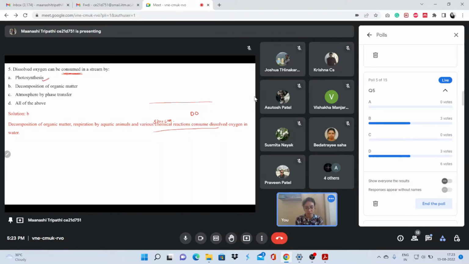And atmospheric phase transfer, sometimes oxygen goes and sometimes it comes. So we cannot really say that phase transfer is an oxygen consumption process. It can be oxygen releasing or oxygen generating. But decomposition of organic matter is always the process for oxygen consumption.